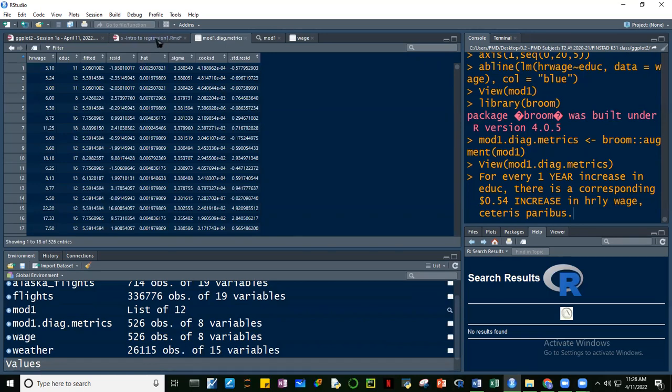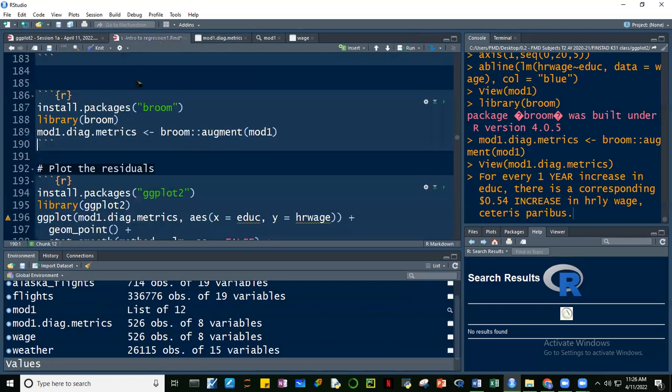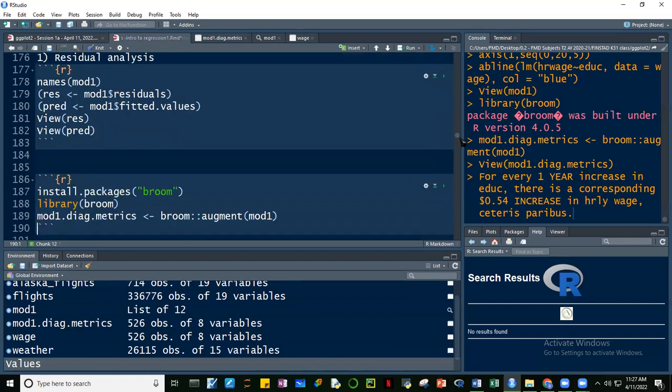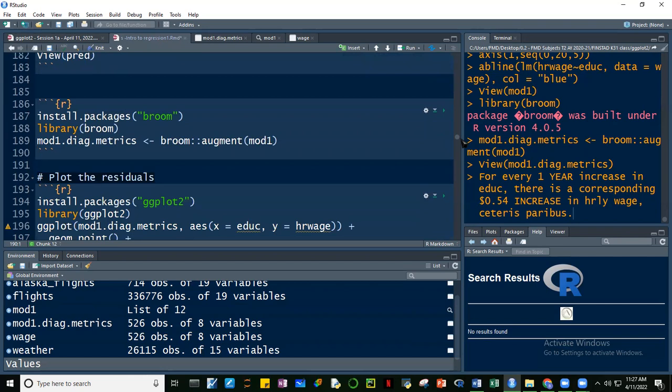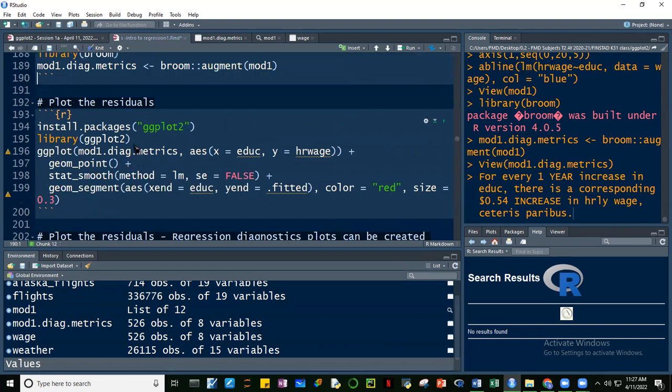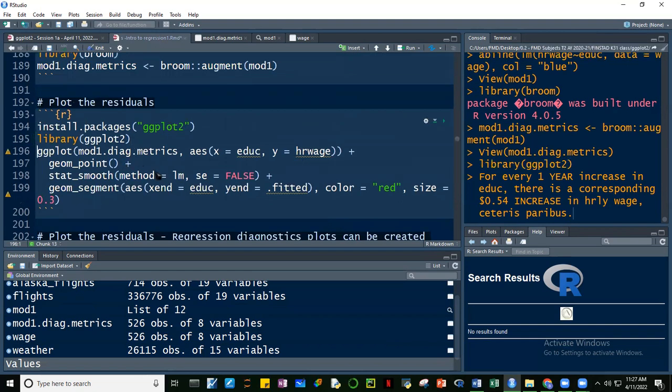So instead of just getting the residuals, for example, from the mod 1 object, we can use the broom package to generate the values for the residuals, for the predicted values, etc. Then here, what we did last time was to plot.